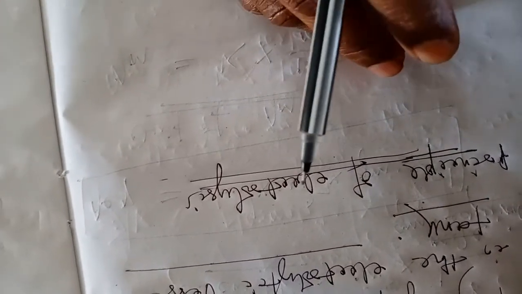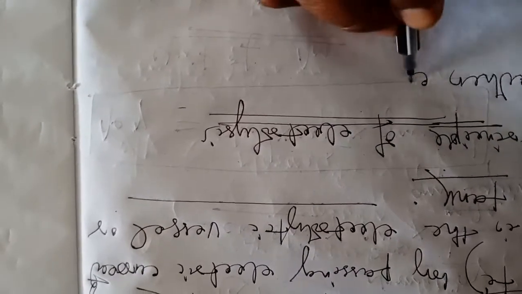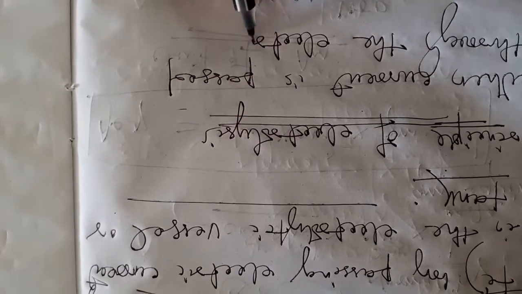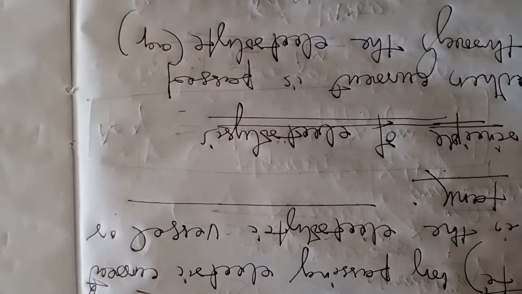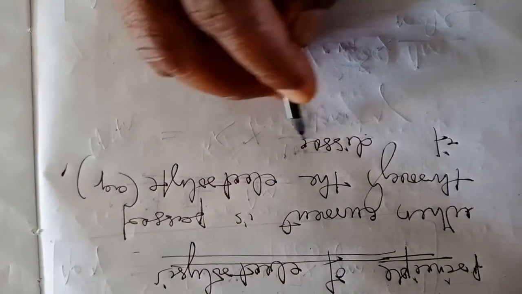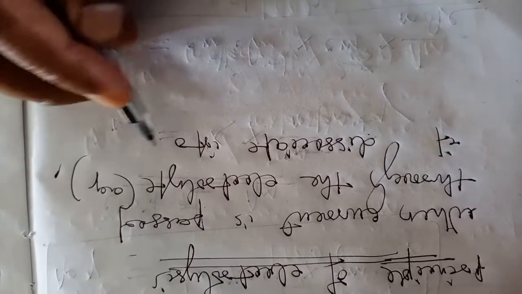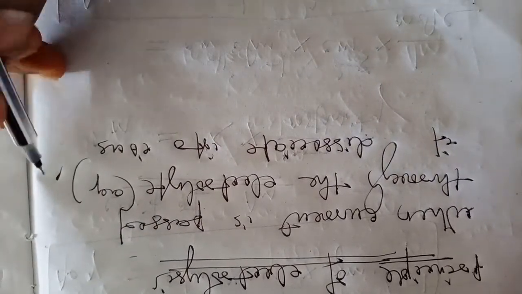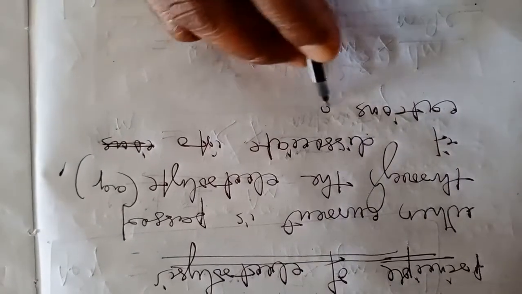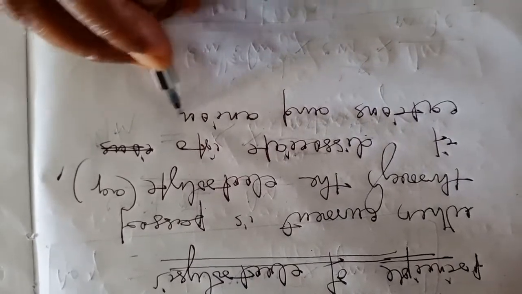In the electrolysis process, when current is passed through the electrolyte in aqueous form, it dissociates into ions, into cations and anions.